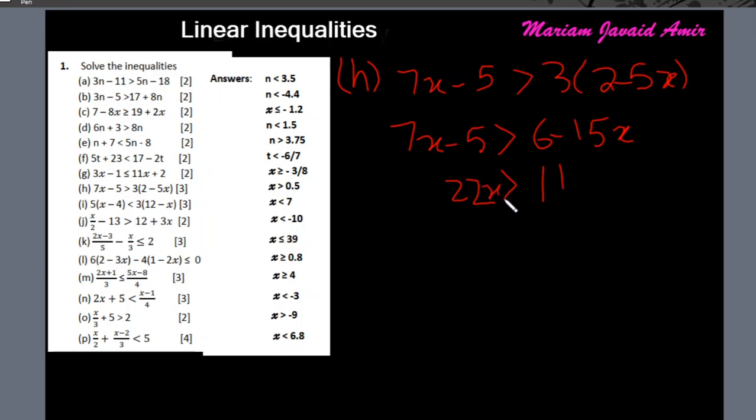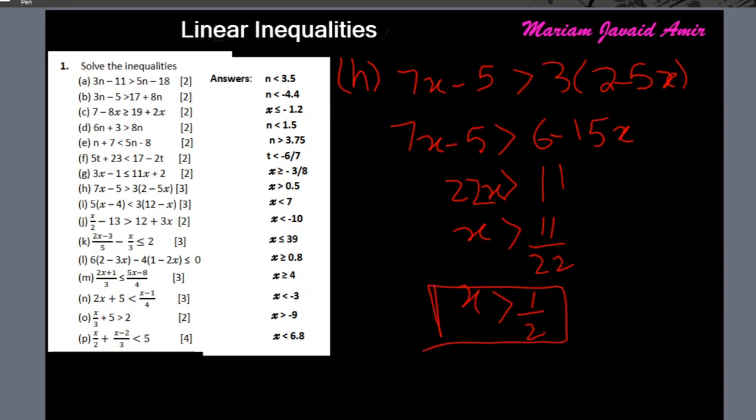This was 22x, so x will be greater than 11 over 22, which means 1 by 2. So x is greater than 1 by 2, or x is greater than half, like written over here.